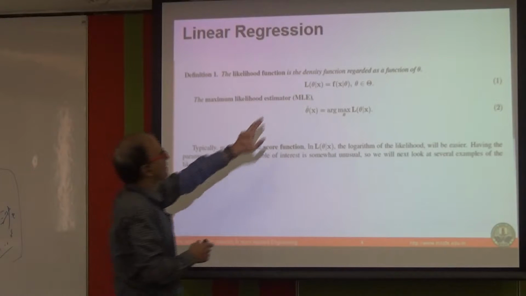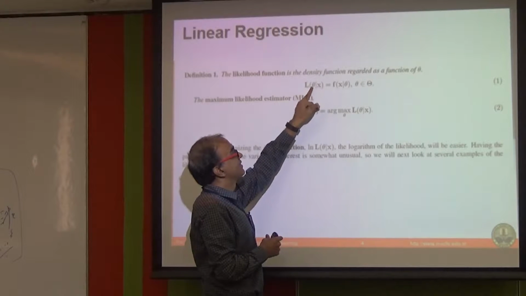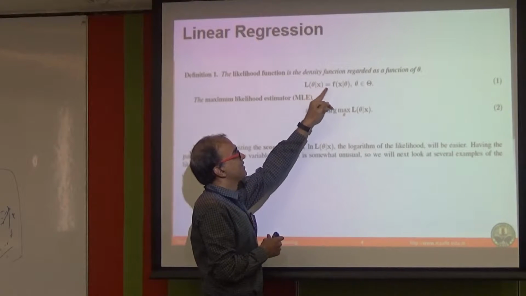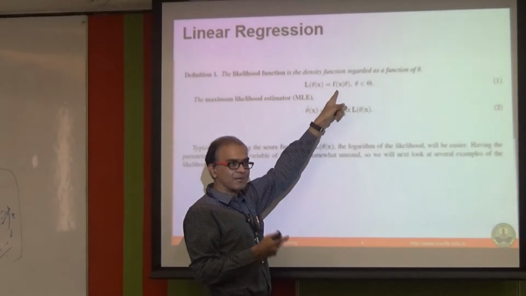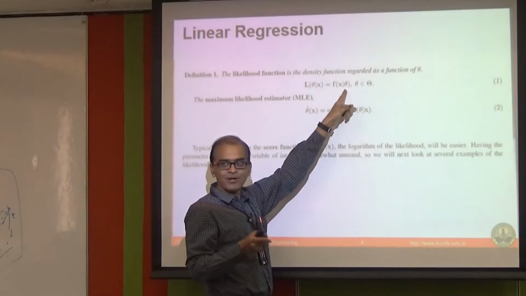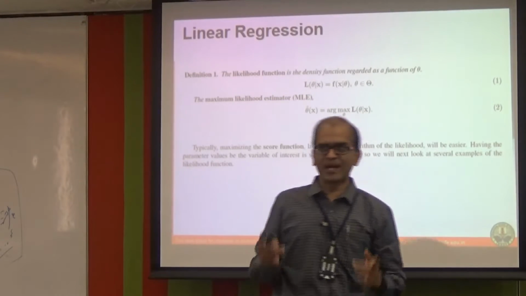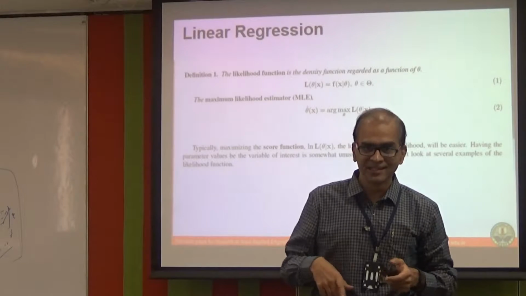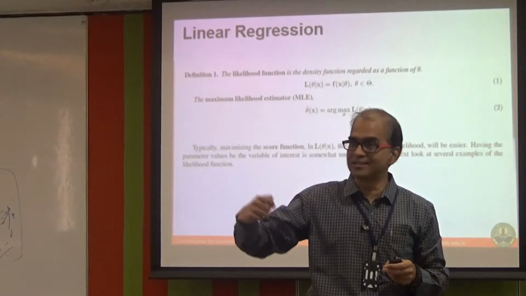Right. So the likelihood of a theta set for a given data set is very simple. It is the probability of finding the first data point in that data set times the probability of the next ones. In all statistics, I make an assumption that the samples that I have chosen are IIDs.